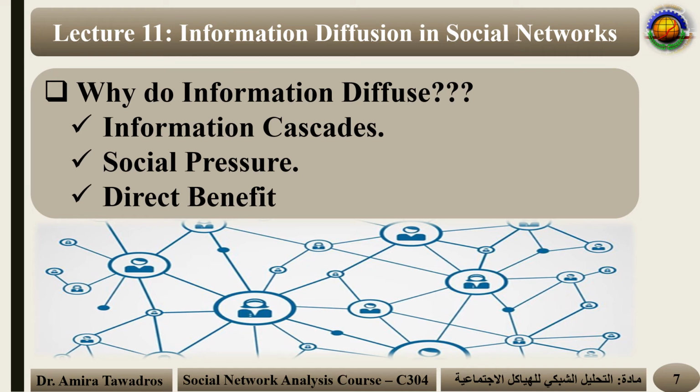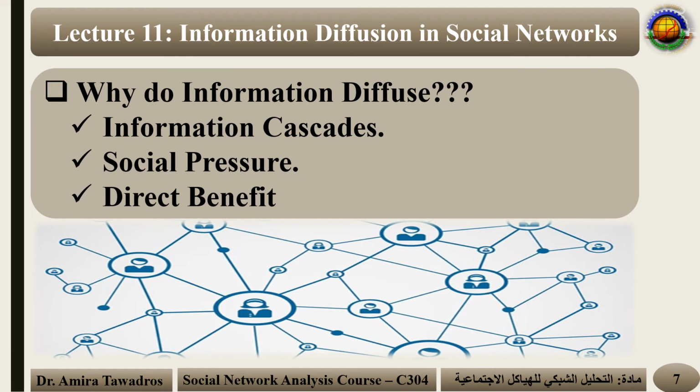Sometimes the society exerts some sort of pressure on people to conform to the norms followed by most people in this society. And in this case, norms spread inside a society.